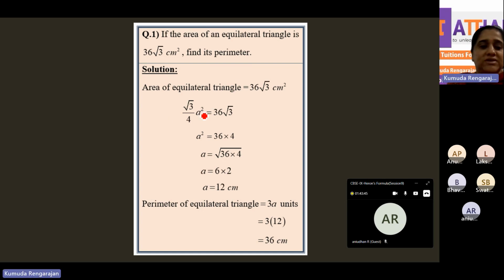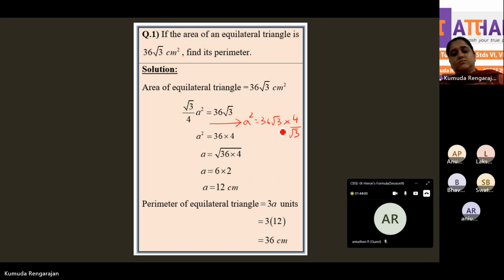Root 3 and root 3 on either side get cancelled. Or you can write it like this. After this, you can write one step. A square is equal to 36 root 3 into 4 by root 3. So root 3 gets cancelled.